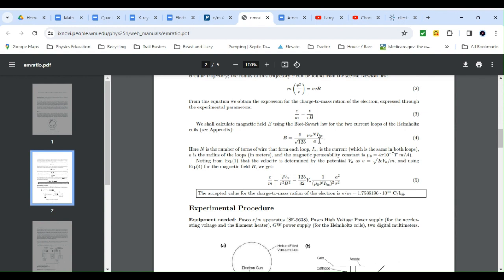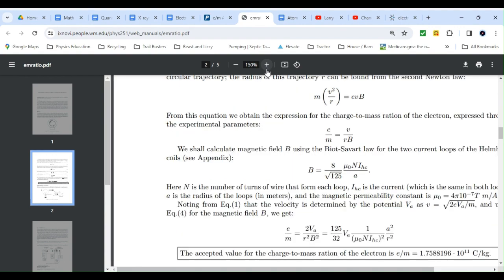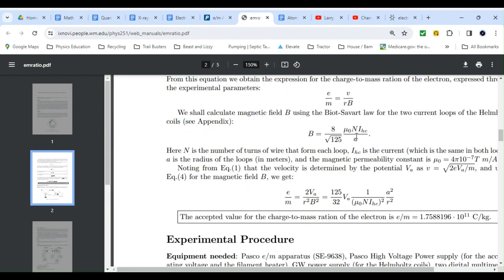So I guess what they have here is, let me make that a little bit larger. Oh, that's helpful. This law here, B equals 8 over the square root of 125. Where does that come from?